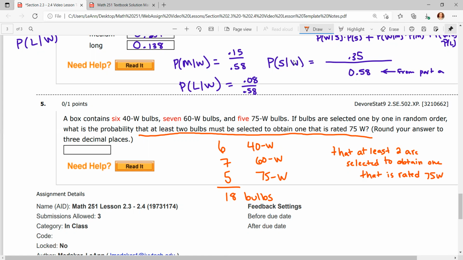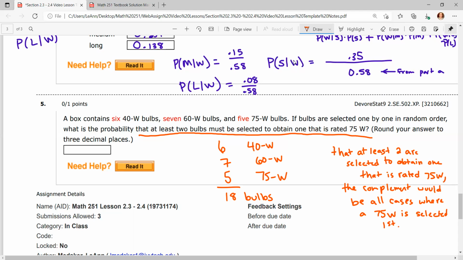If we want to do that, the complement to this would be all cases where a 75 watt is selected first.